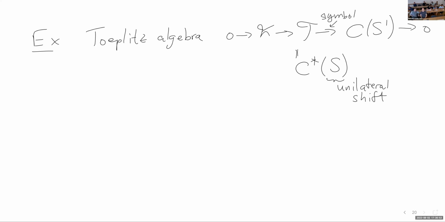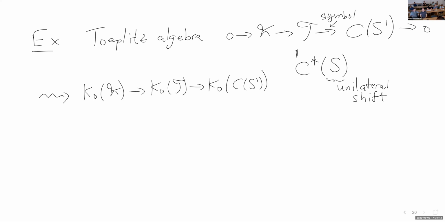All right, so we're going to apply the 6-term exact sequence with J the compact operators, A the Toeplitz algebra, and A over J is C of S1. So we have this exact sequence: K0 of K, K0 of T, K0 of C of S1 on the top, and then K1 of K, K1 of T, and K1 of C of S1.